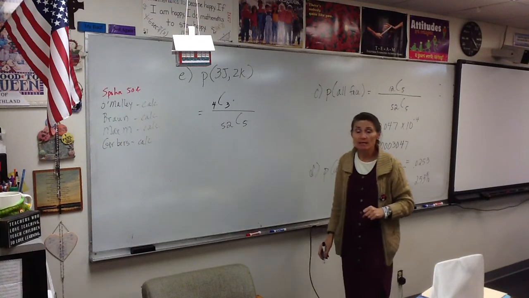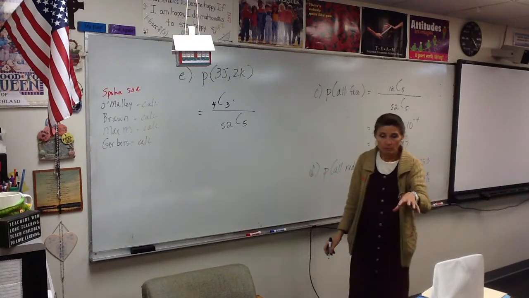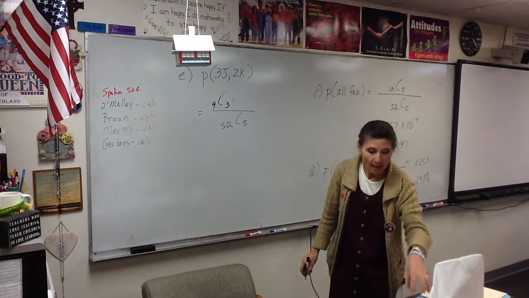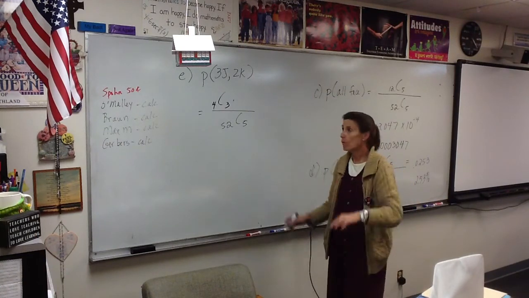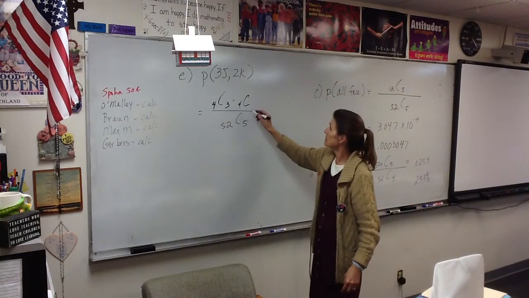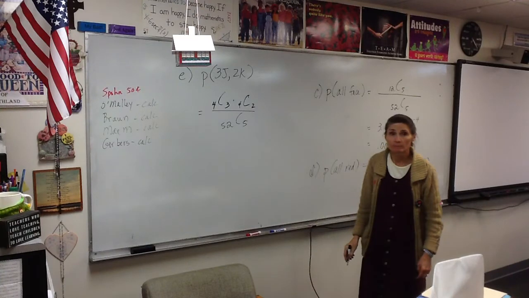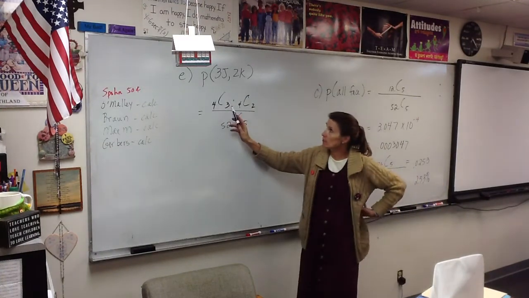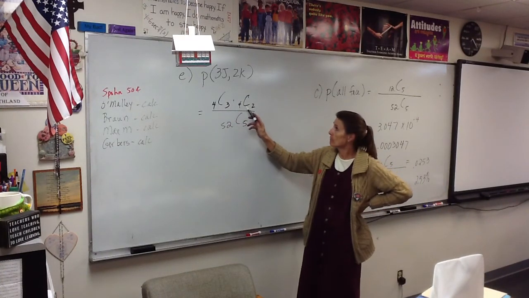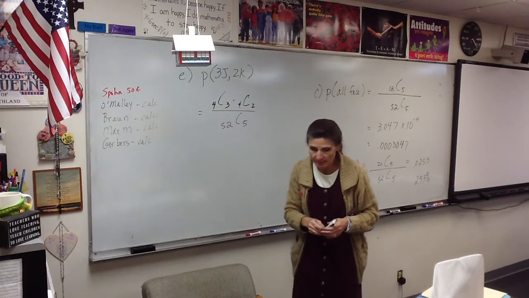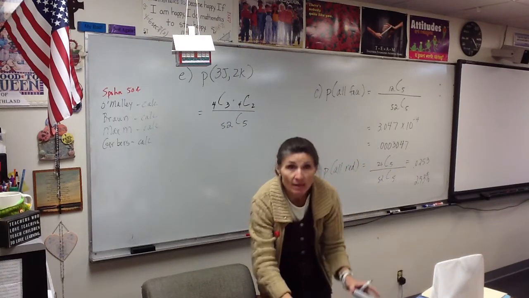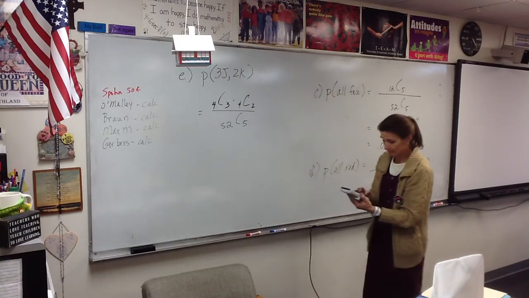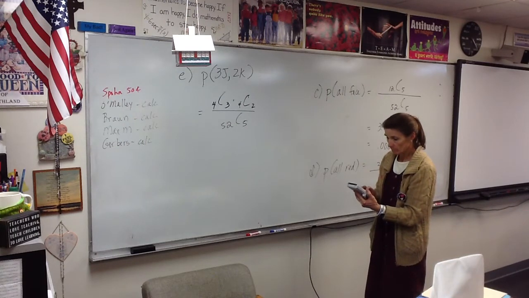I need 2 kings. Now I got a pile of kings right here. How many are in that pile? 4. And I want 2 of those. So 4C3 is my jacks. 4C2 is my kings. Here we go. This is going to be another really small number. Oops, better turn it on.